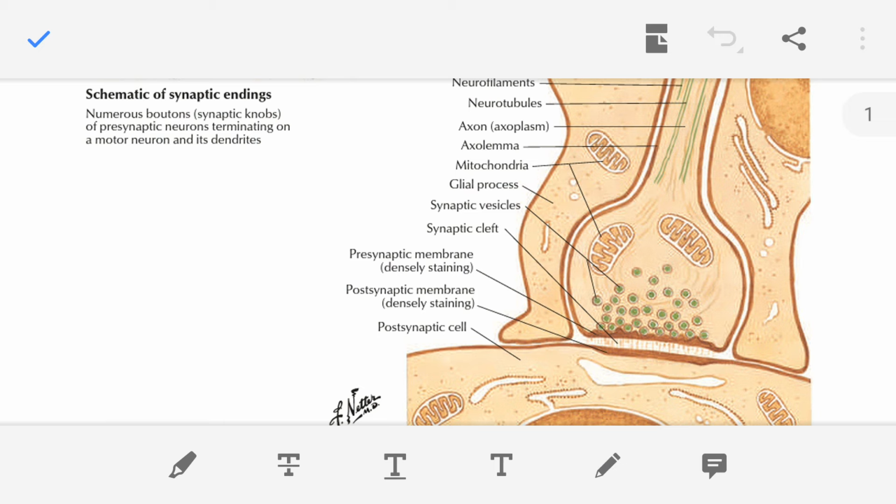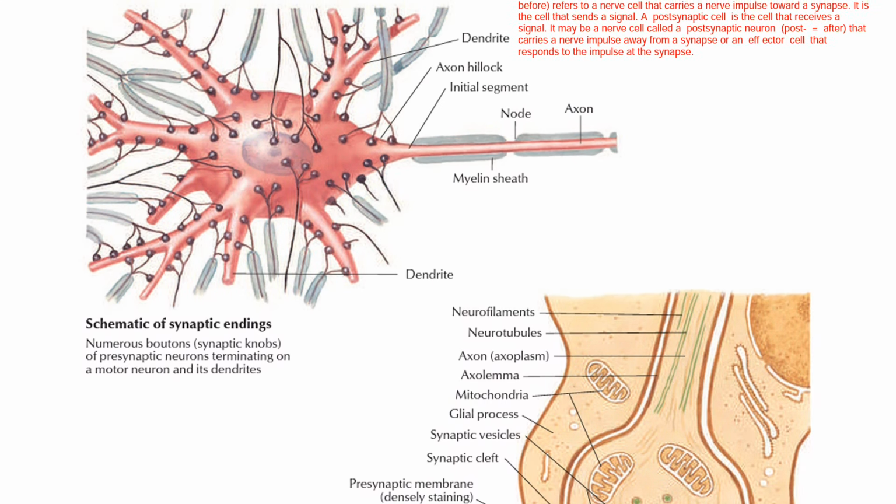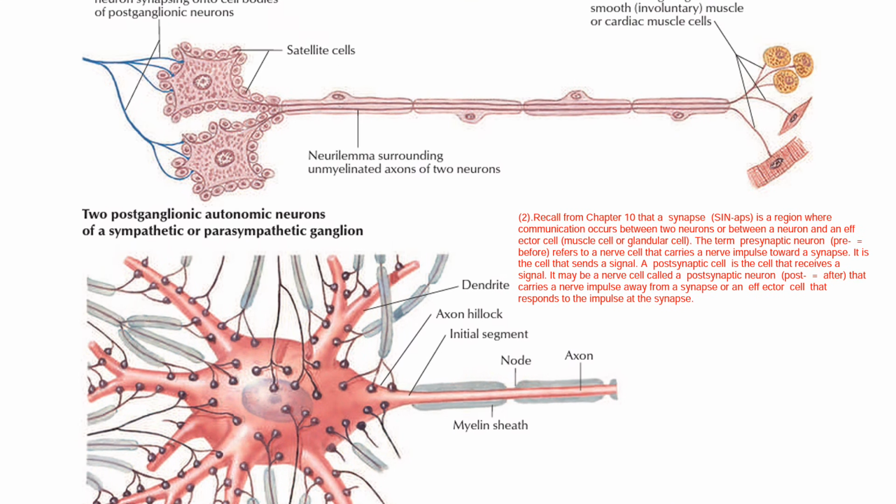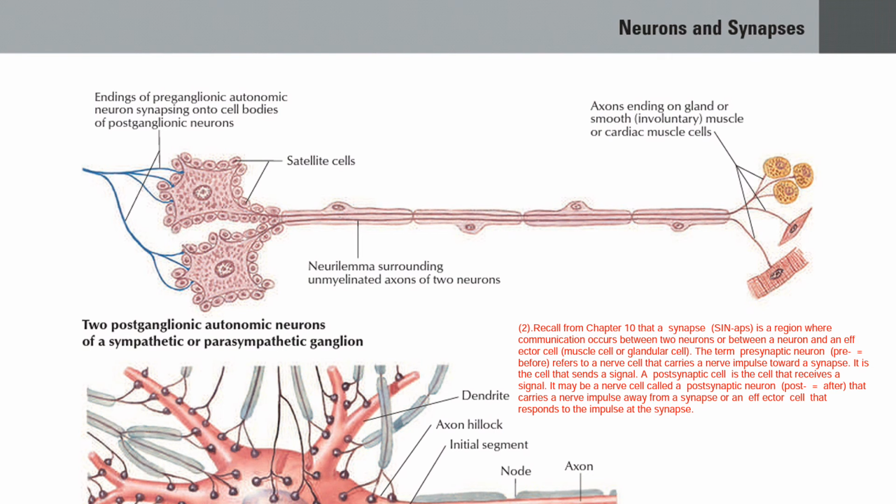So the synapse is the point where generally two neurons communicate with each other and are involved in propagation of the nerve impulse. This is regarding the synapse. In this figure you can have an idea regarding various kinds of synapses.